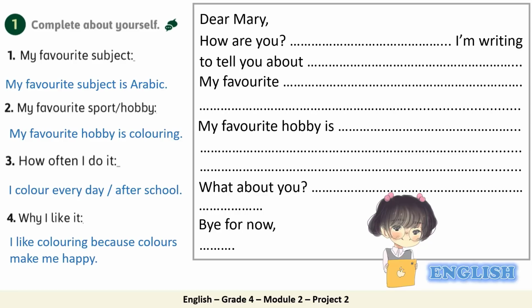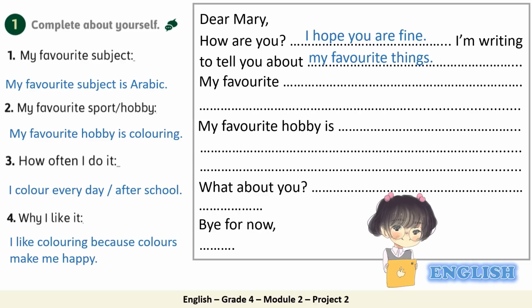Read along the email. Dear Mary, how are you? Now Noor needs to ask about her friend, so she would say, I hope you are fine. Super. Let's move on. I'm writing to tell you about. What is she writing to tell her friend about? I'm writing to tell you about my favorite things.